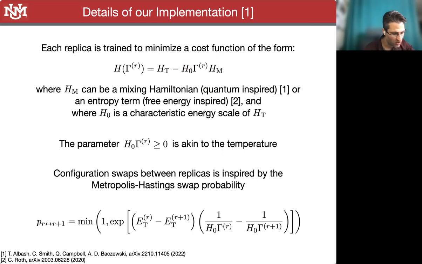And H0 is just some relevant energy scale. You can pick it to be, let's say, the largest absolute magnitude of a coupling in your target Hamiltonian. It just sets some energy scale.